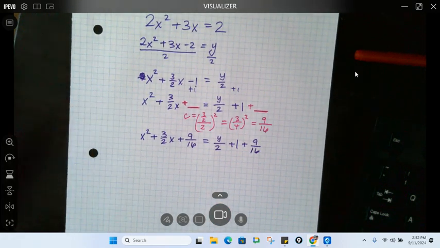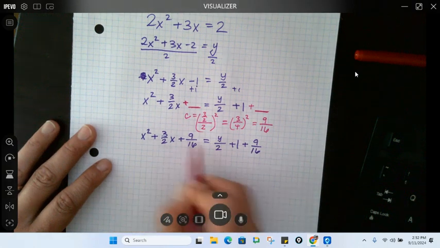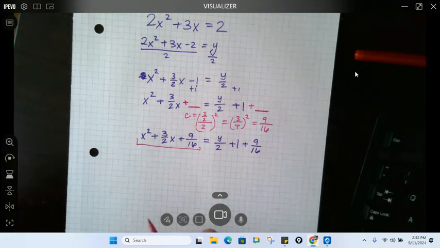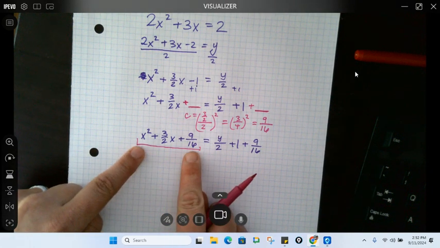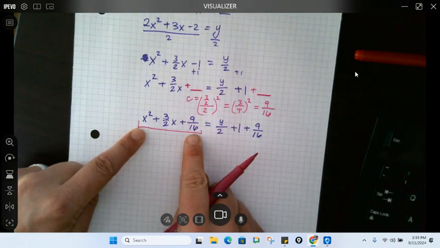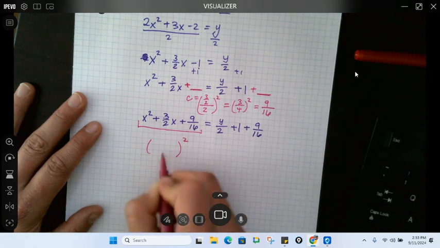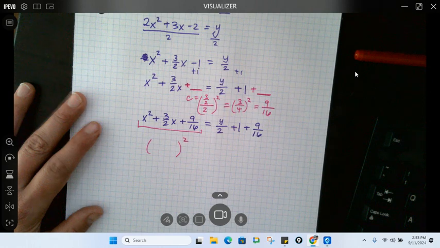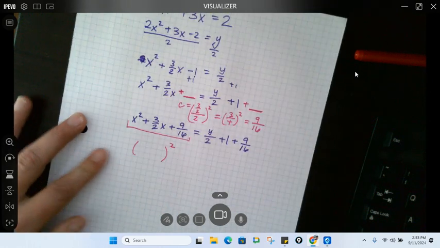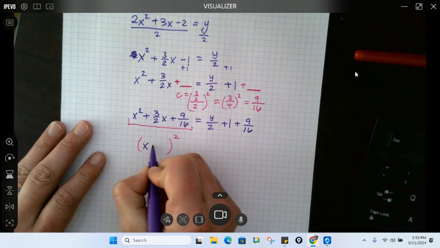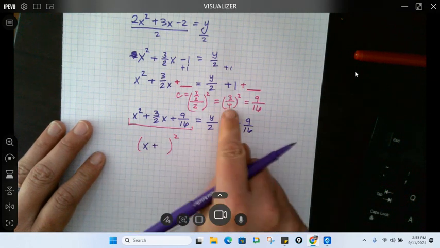So the whole point of coming up with this number, which is kind of a scary looking number with a fraction, is that I can factor this side. In fact, it is so nice to factor that it's going to be factored times itself. And there's a little trick here, that factoring is always going to be an x plus this number here.